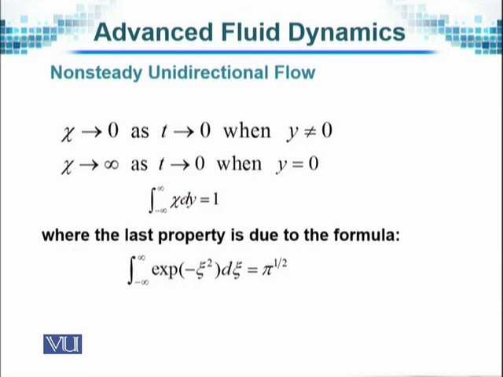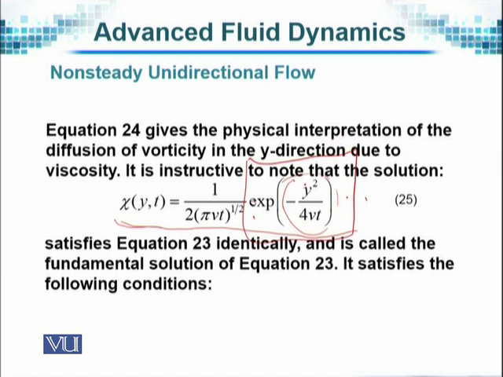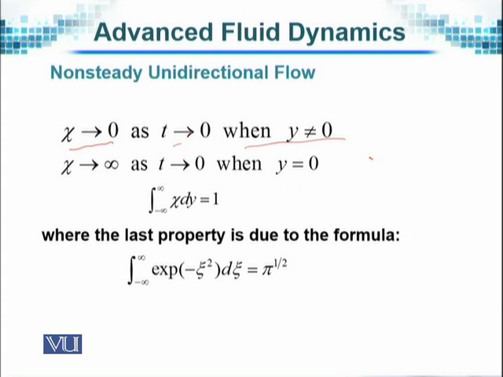And of course, we need to apply these conditions to the solution. Chi tends to 0 when t tends to 0, and of course y is different from 0. I mentioned here that y is a variable. Its increase or decrease is going to affect the solution, and that is exactly reflected in these boundary conditions.